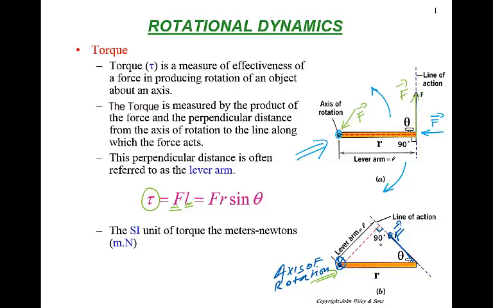Use your trigonometry skills to evaluate the lever arm, which is this dashed line known as the shortest distance from the axis of rotation to the line of action. Alright, based on what we said here, we will face many questions in which the torque becomes an important component to solve these questions.